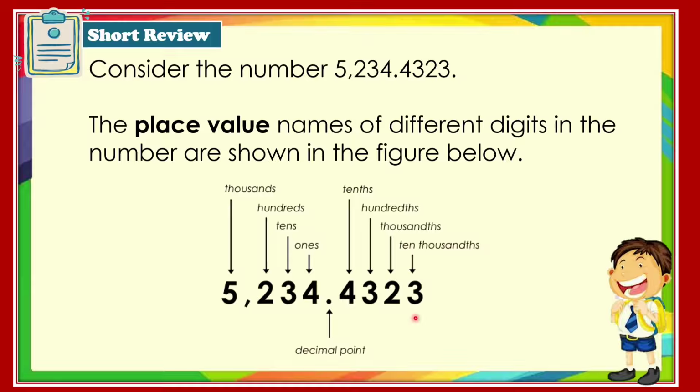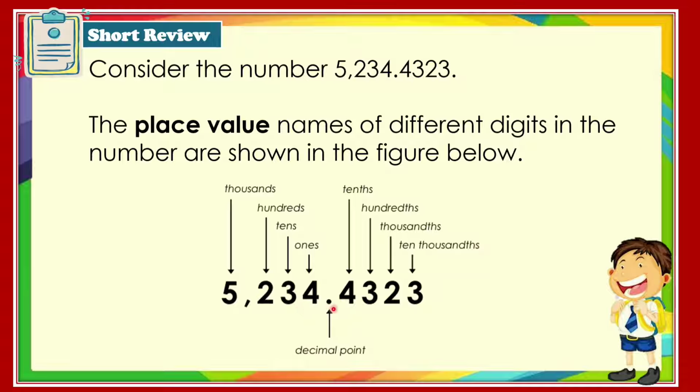So the rules for decimal place values: the first digit to the left of the decimal point is the ones place. The second digit to the left of the decimal point is the tens place. The third digit is in the hundreds place, and the fourth digit is in the thousands place.